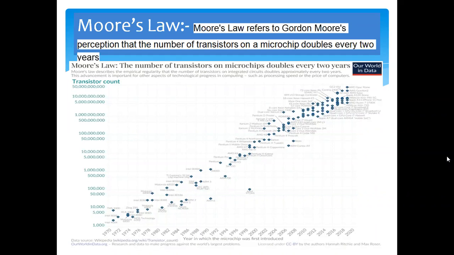It's a very strong statement made by the scientist Gordon Moore, and up till now we can show that it is valid, and it stands of great importance as far as our electronic field is concerned.